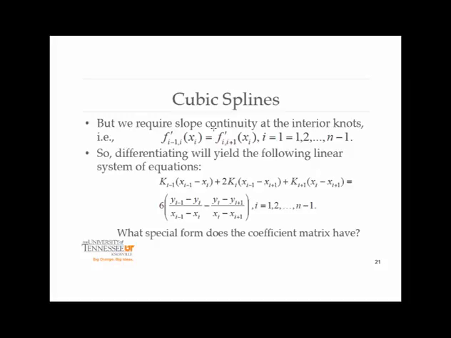So as we move from one subinterval to the next, we want the derivatives to be the same at the adjacent points, right? And in particular, we're only looking at the interior points. So we're only looking on the mesh, not at x0 and not at xn.